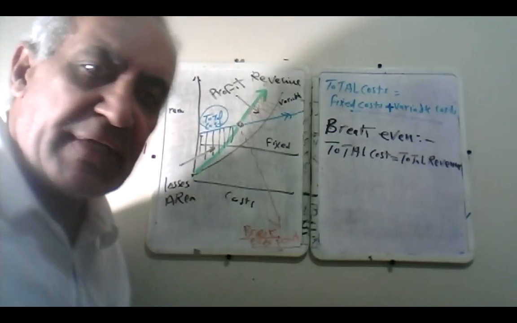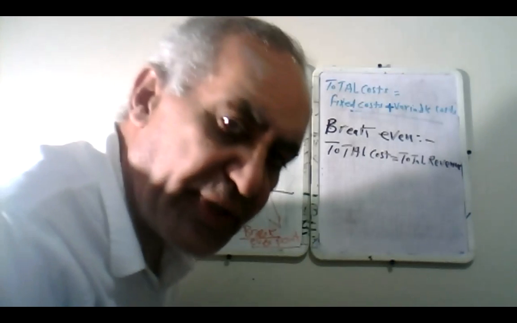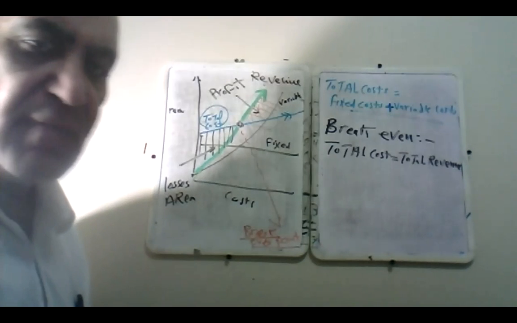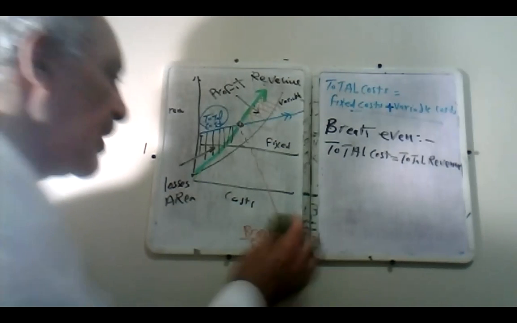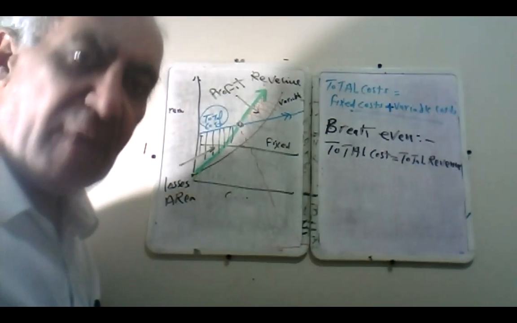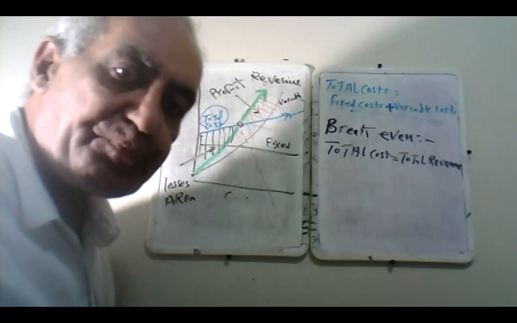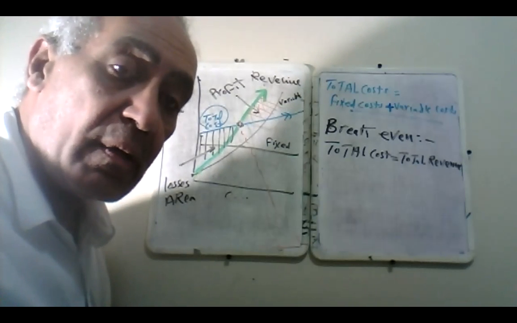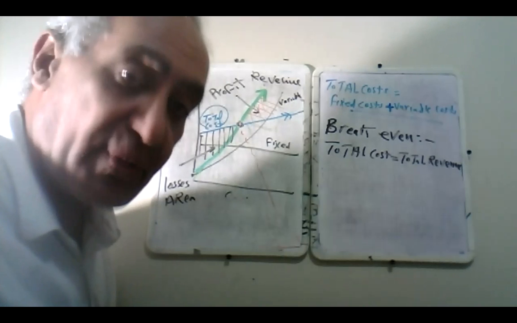You do not need the drawing; it is just for me to explain where it came from. What you need to know is that at this point, the total costs equal the total revenues, where there are no profits and no losses.